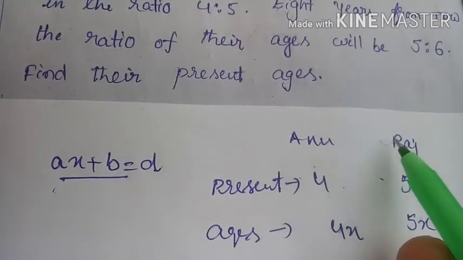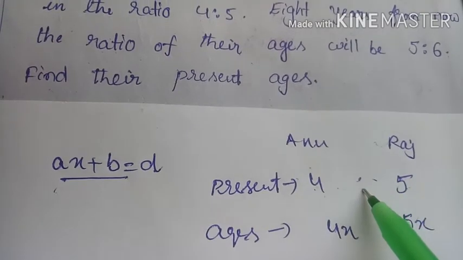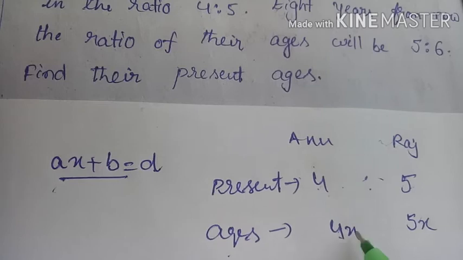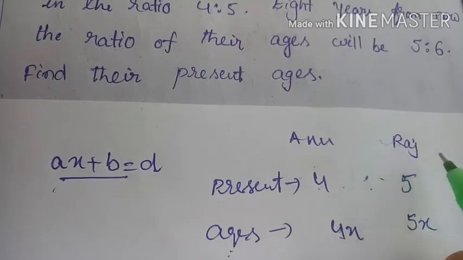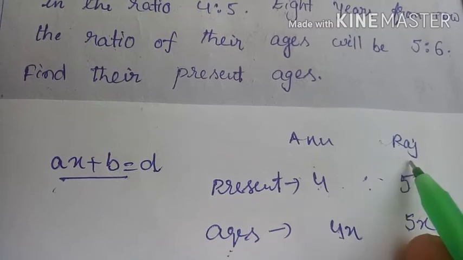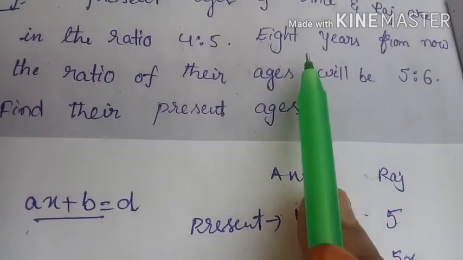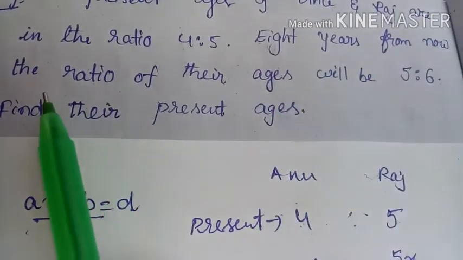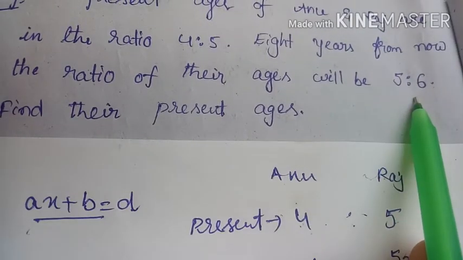So the present age of Anu becomes 4x and at the same time the present age of Raju becomes 5x. Clear? And here another clue is given: 8 years from now the ratio of their ages will be 5:6.